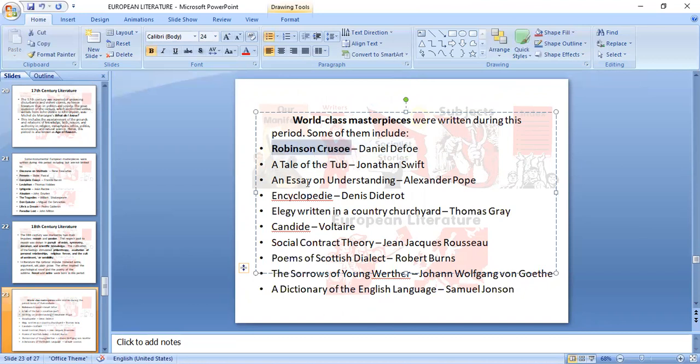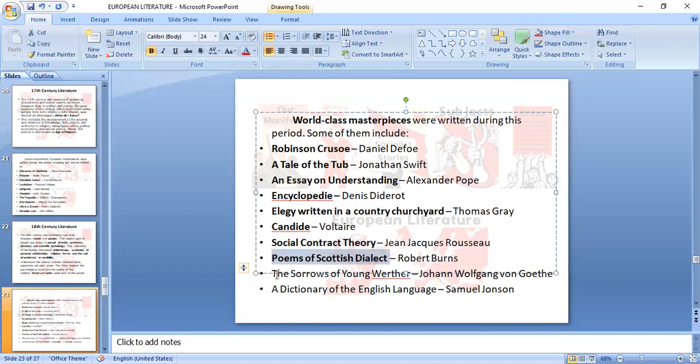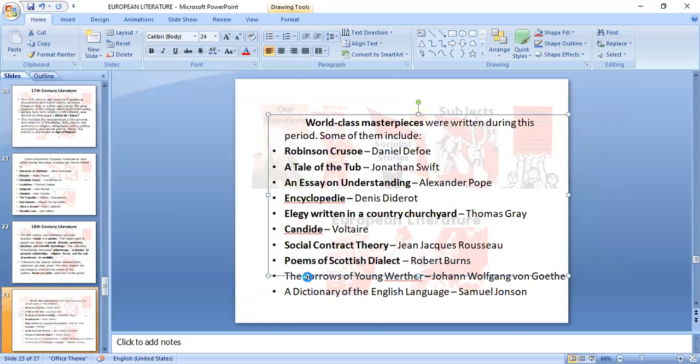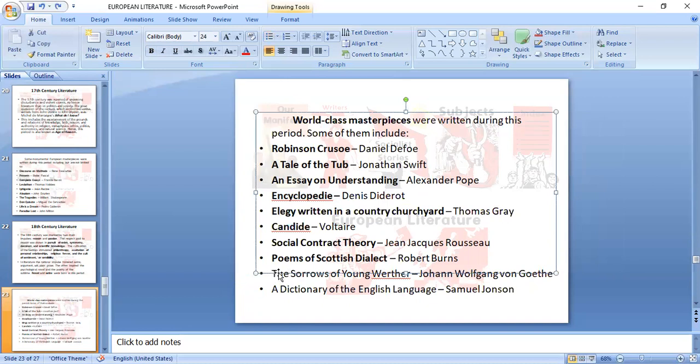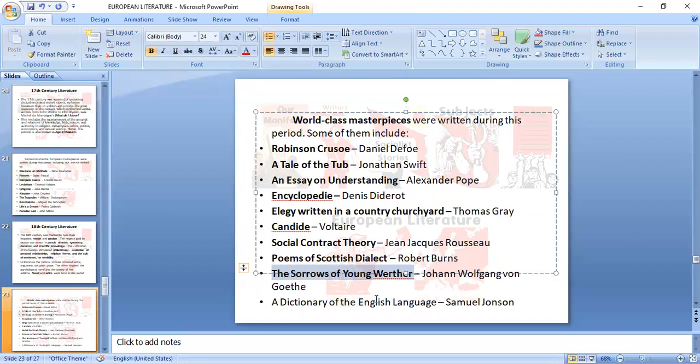We have Robinson Crusoe, A Tale of a Tub, An Essay Concerning Human Understanding, Encyclopedia, Elegy Written in a Country Churchyard, Candide, Social Contract, poems in Scottish dialect, The Sorrows of Young Werther, and A Dictionary of the English Language.